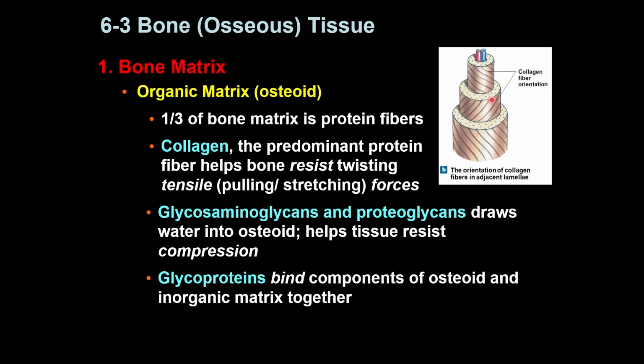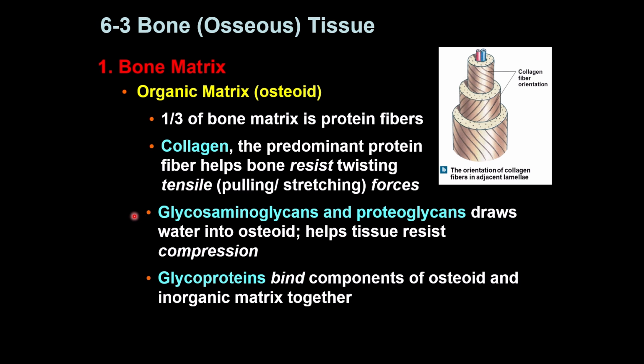But when you go to the next layer, they are still parallel to each other, but running in a different direction. So in each layer, they resist forces in one specific direction, but because there are multiple layers, the bone resists forces from multiple directions.